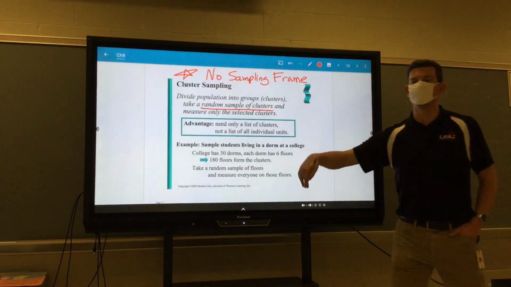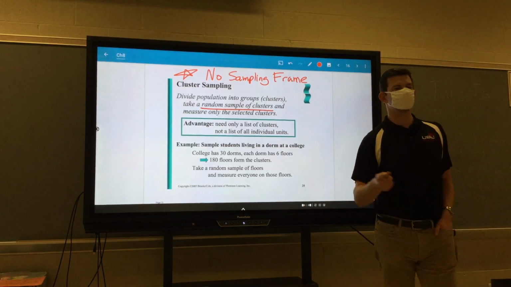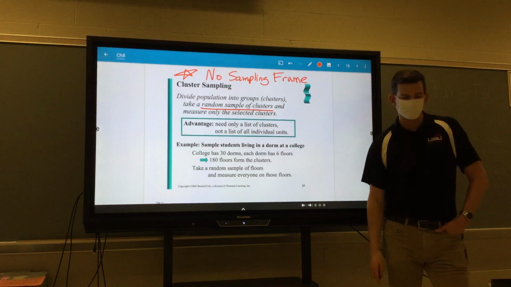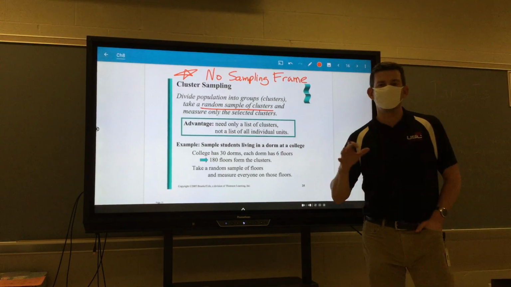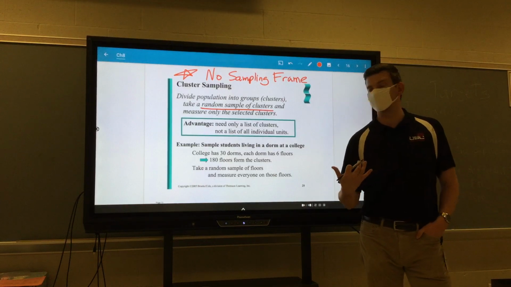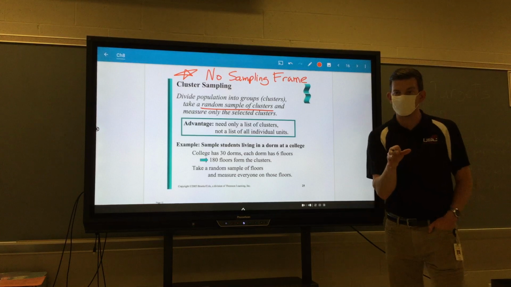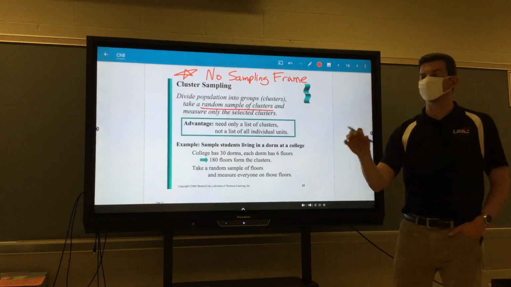So in my random number generator, I do 1 through 180, floor number 72, floor number 134, floor number 18, however many I need for my sample size to be sufficient. Okay? Those floors are in my sample, and then I go interview everyone on those selected floors.